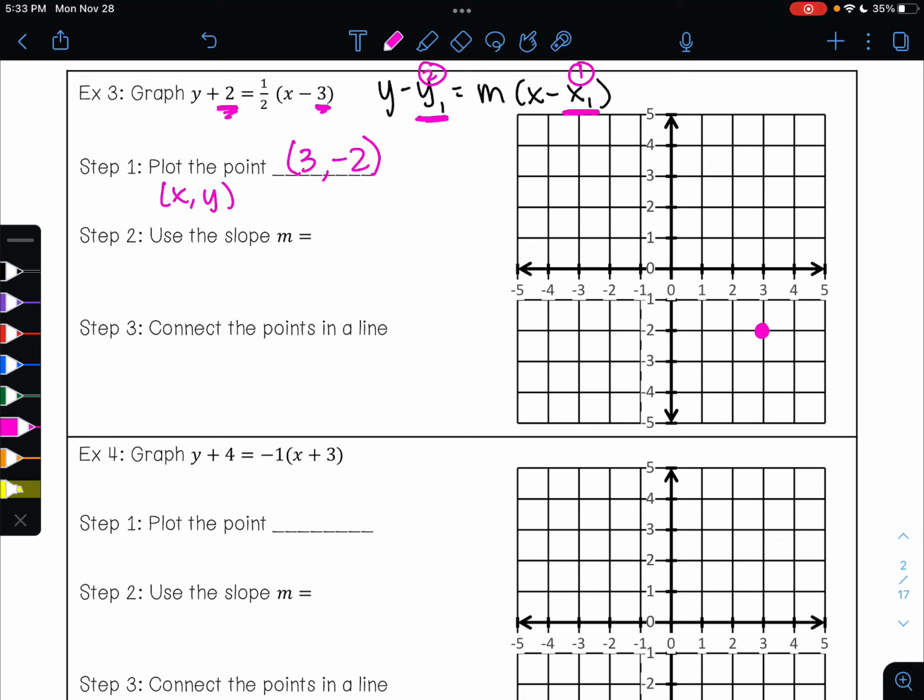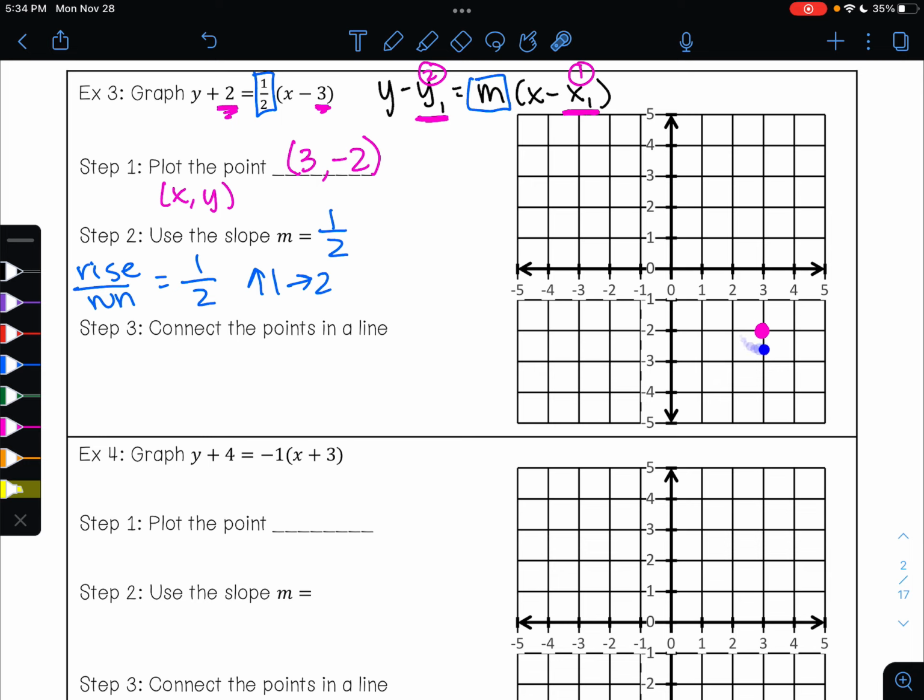That's my starting point. My slope m is what is in front of my x's, and so that right here is 1/2. Again, I'm going to use rise over run, so I'm going to have 1 over 2. That means up 1 and right 2.